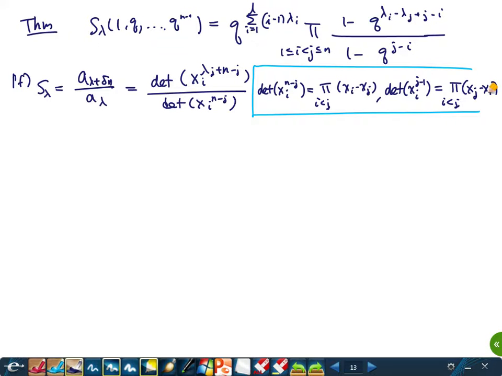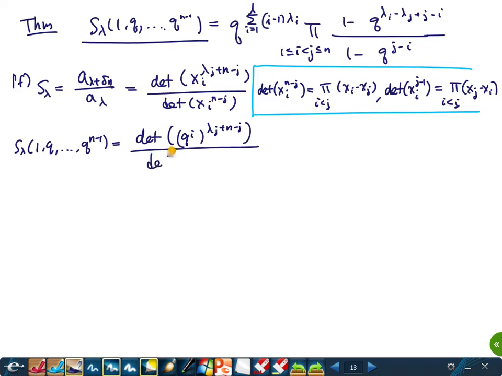Okay, so we are interested in this, so let's see what happens. Determinant of what? Here we have q to the i times (lambda j plus n minus j) over determinant of q to the i times (n minus j), right? This one is easy. We know what this is.